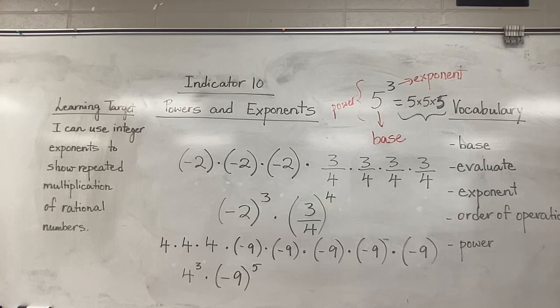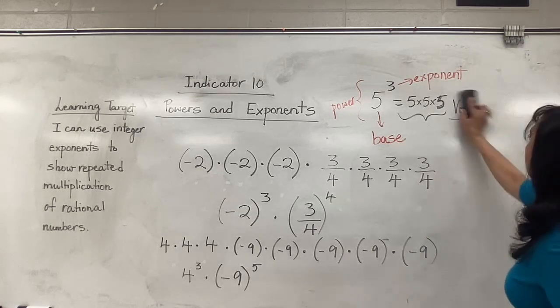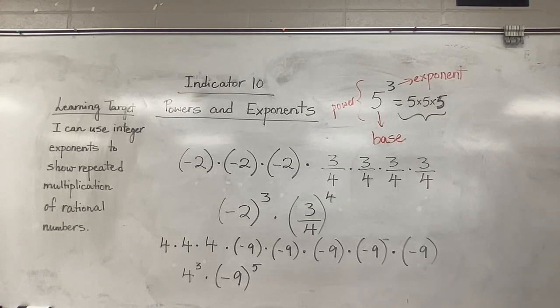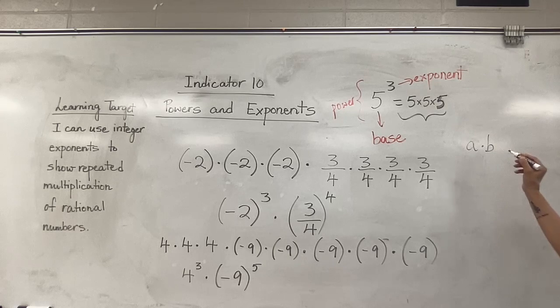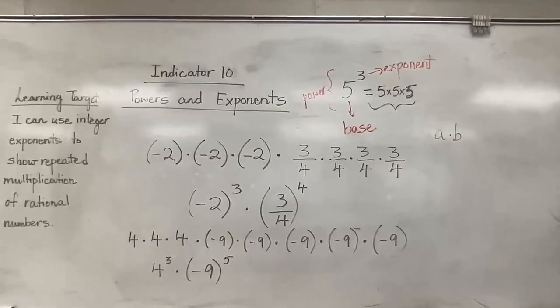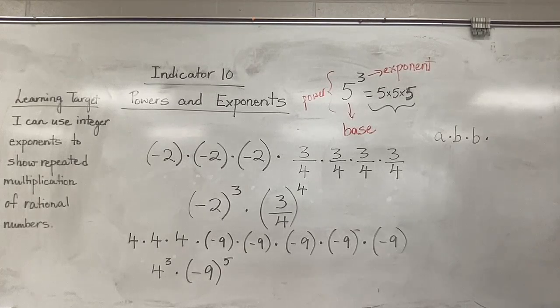I can also write algebraic products as powers. So I'm going to erase this. If I have an algebraic expression, let's say I have A times B times B times A times B. So let's say I have a question like that, and it's saying to write the algebraic products as powers.